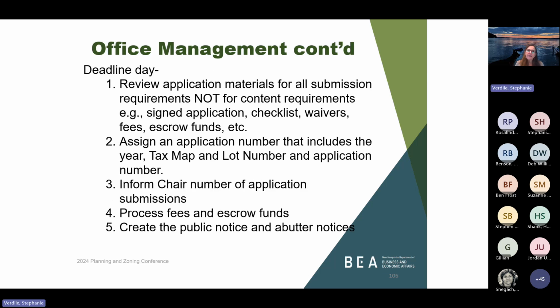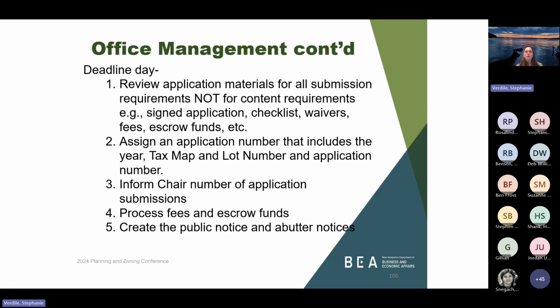So it's deadline day. If you're the secretary for the board or if you're staff on deadline day, the first thing that you're going to do is just do a preliminary review of all submissions. Okay. You're not reviewing the application for its content. You're reviewing it for acceptance across the counter so that it can go in front of the planning board. And the planning board is the one to determine whether or not something meets the regulations.